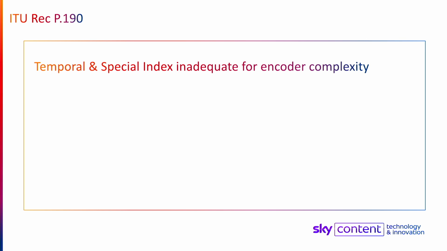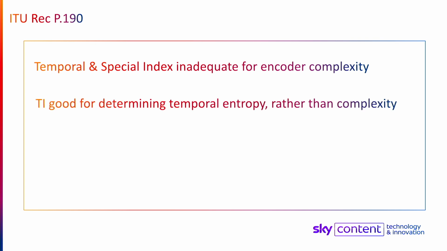First of all, anyone who's familiar with assessing encoder complexity will be familiar with P910. It has a temporal and a spatial index. I'd say sometimes subjectively that's acceptable to use, but really it's inadequate simply because it can be easily fooled. Temporal index is good for determining temporal entropy rather than complexity.